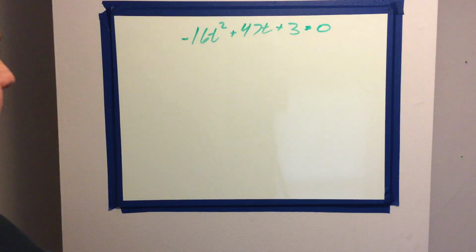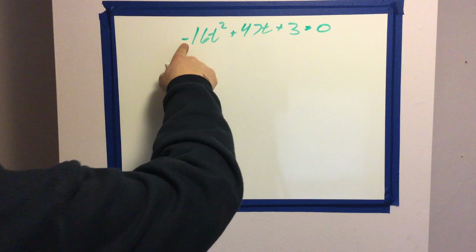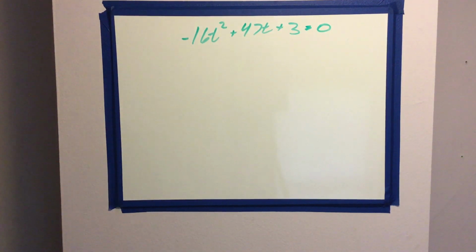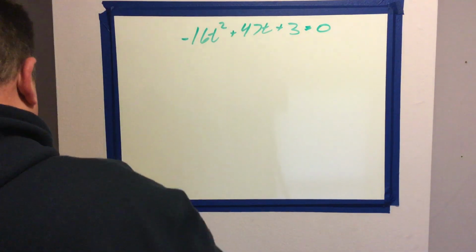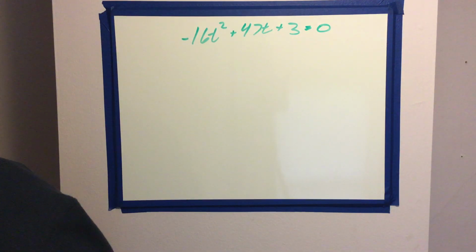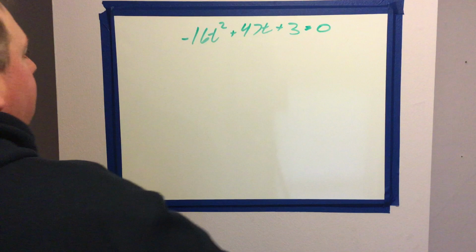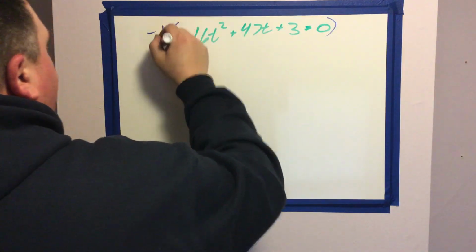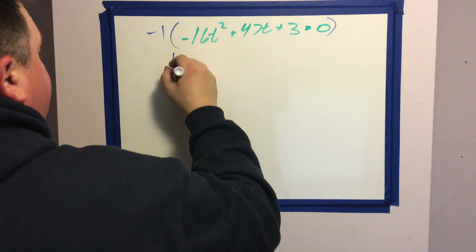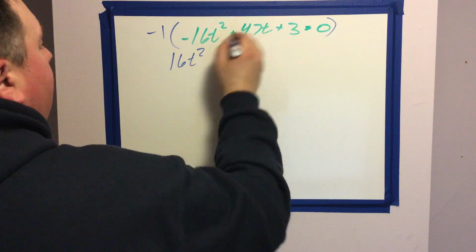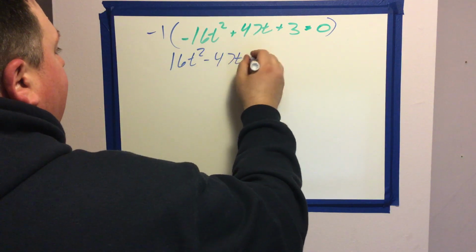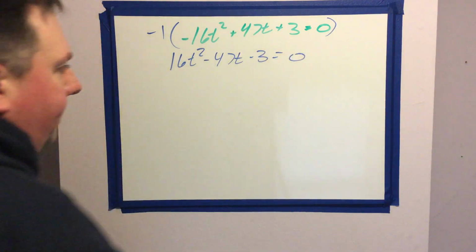Now there's only one problem: we have to factor out a negative 1 because we want to make that a positive 16t squared. So here we're going to factor out a negative 1 by multiplying everything by negative 1. So it's going to be left with 16t squared minus 47t minus 3 equals 0.